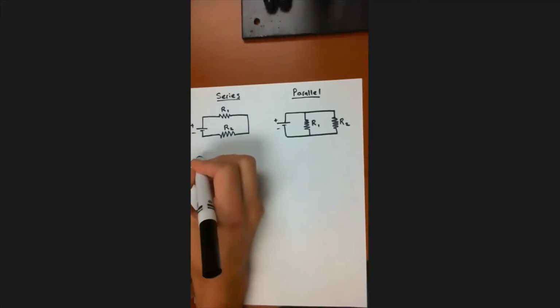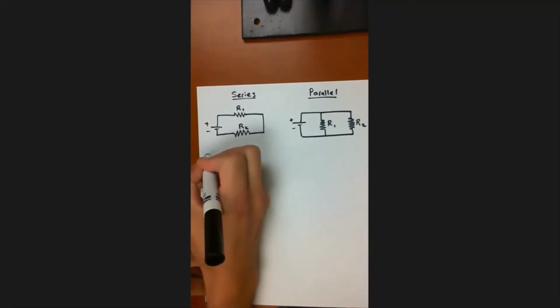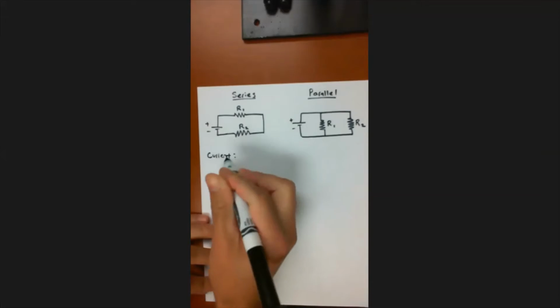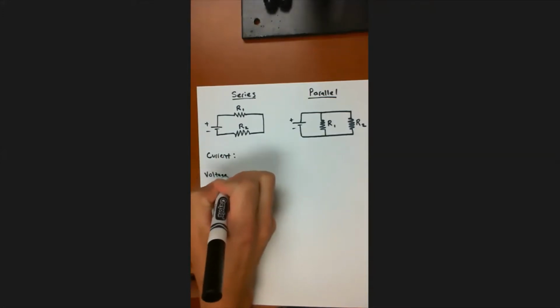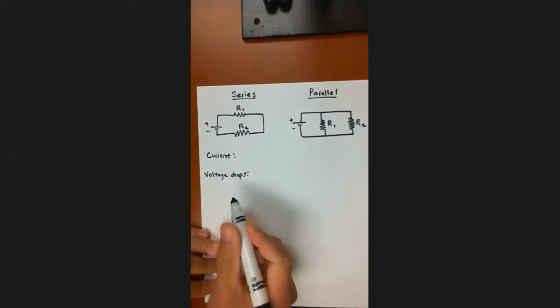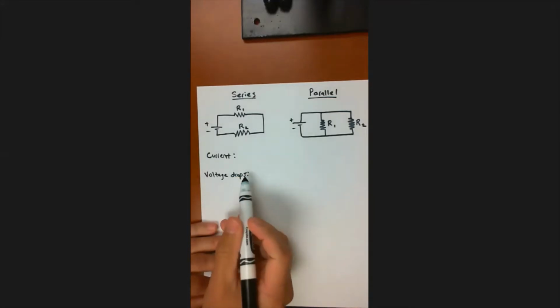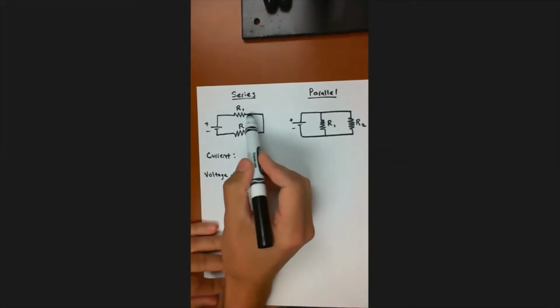All right, so I'm going to write out a little table here. Let's write current for a series circuit and voltage drops. And remember, a voltage drop is the difference between the value of the voltage right here compared to ground and the voltage right here compared to ground.